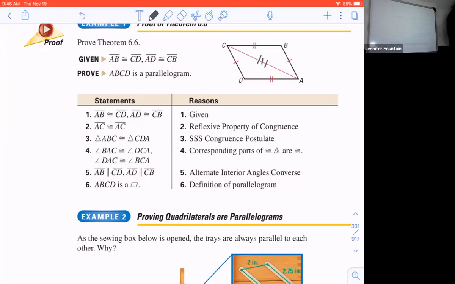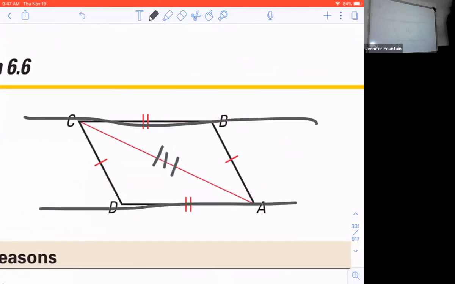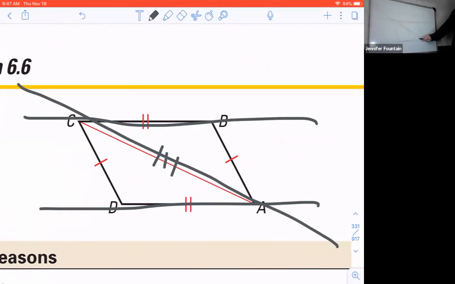Also, I know that side AB is parallel to CD and AD is parallel to CB because of the alternate interior angles converse. So think about going back to alternate interior angles. You may need to draw your figures like this, if it helps you to see it better, and you go, oh, I've got parallel sides and a transversal, that means that alternate interior angles are congruent.